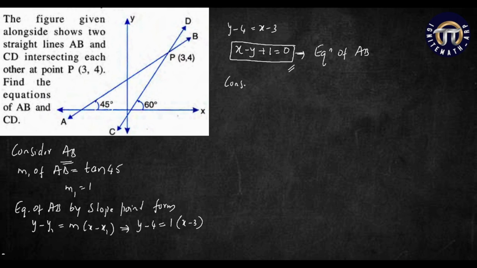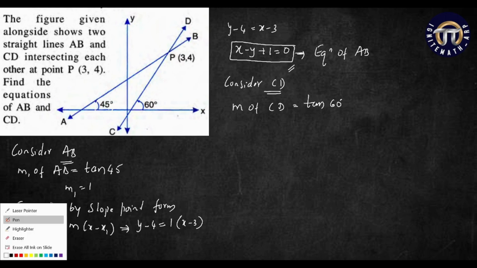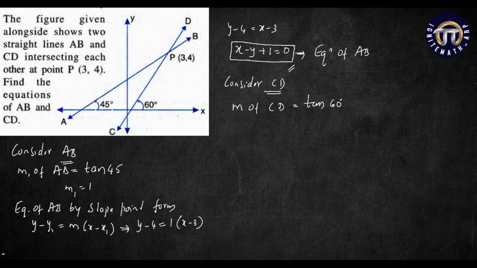Now consider CD. So m of CD, the slope of CD, is equal to tan of 60 degrees, because theta for CD is equal to 60 degrees. Why is it 60 degrees? You need to understand, children. Over here, if you observe theta, that is equal to 60 degrees.